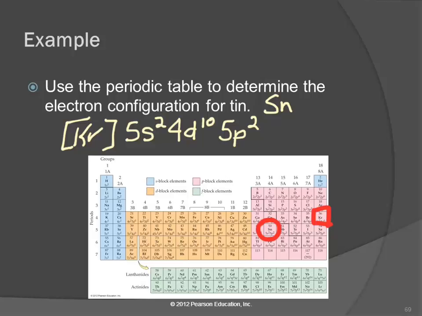You can actually just count them. There's 10 across there. So it has 4 valence electrons? It has 4 valence electrons, yes. Because the valence electrons are the ones in principal shell 5. And there's 2 in the s orbital and 2 in the p orbital. And those 4d electrons are considered core electrons. Let's do another one. Somebody pick an element.